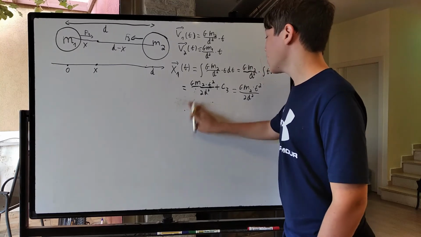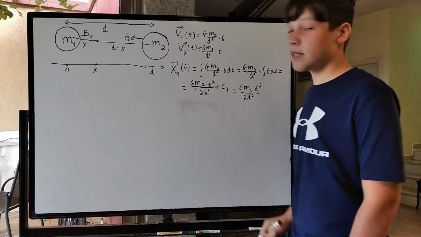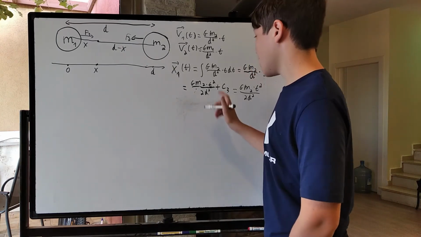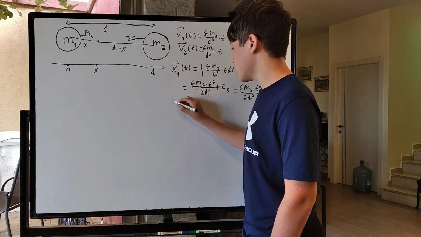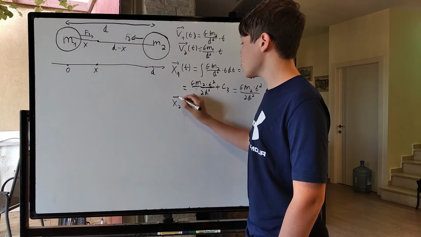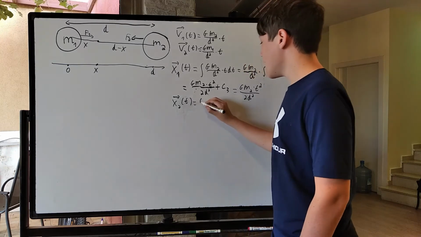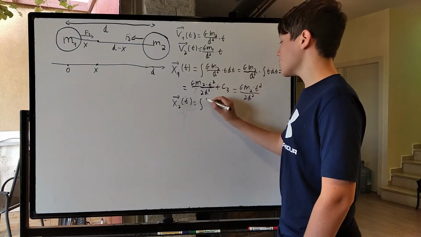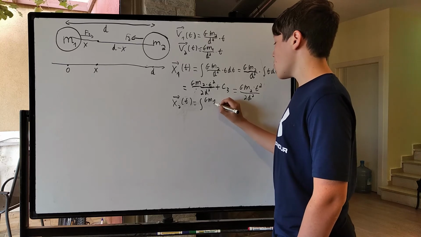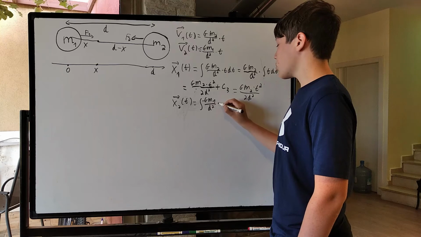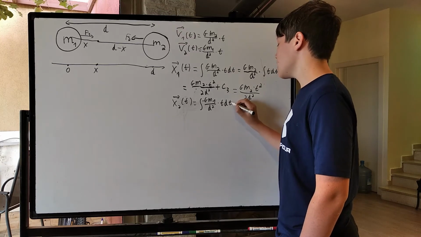Now we can find in a similar process x2 of t. Again, integrating v2 of t, so this is negative gm1 over d squared times t dt.